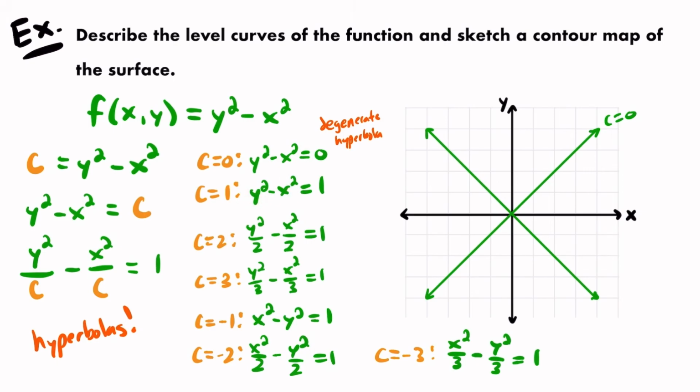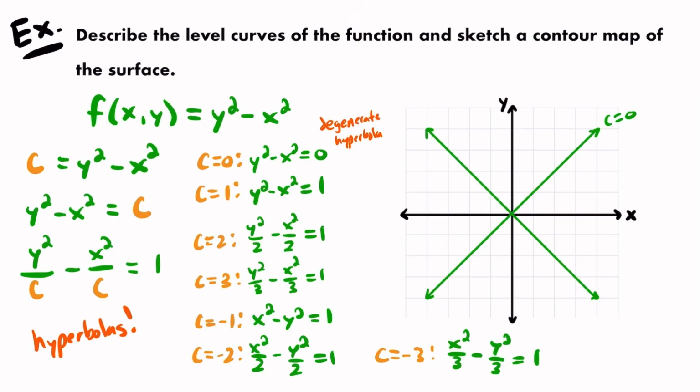Whichever variable term is positive, the corresponding axis is the one the hyperbola is directed along, and then the square root of whatever the positive term is being divided by will give you the values of the intercepts along that particular axis. So in this case, y squared, the positive term, is being divided by 1 technically, and the square root of 1 is plus or minus 1, so we know that the two curves for this hyperbola will be directed along the y-axis and cut through y equals 1 and y equals -1.